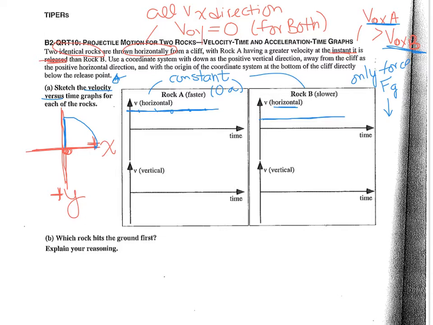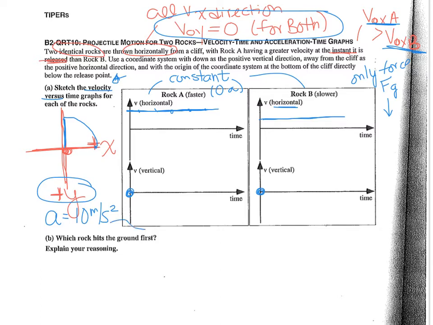In the vertical direction, I already said for both my initial velocity is 0. So I'm going to start at 0. I have an acceleration of 10 meters per second squared. And we said that down is positive y.